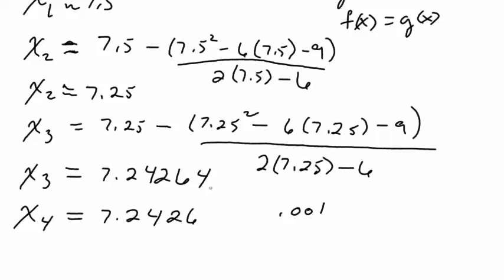We want to get two successive iterations that differ by that. So in other words, what I'm saying is x of 4 minus x of 3, let's take their absolute value, must be less than 0.001, their difference. And I believe that they are.